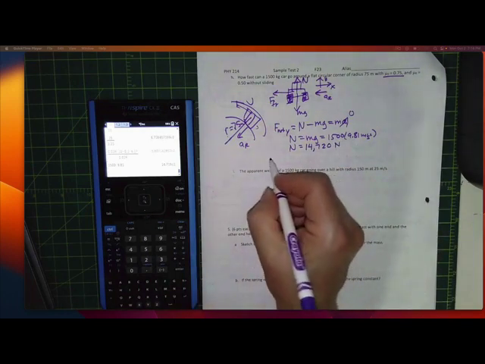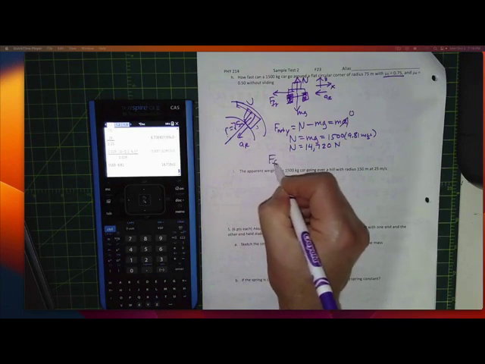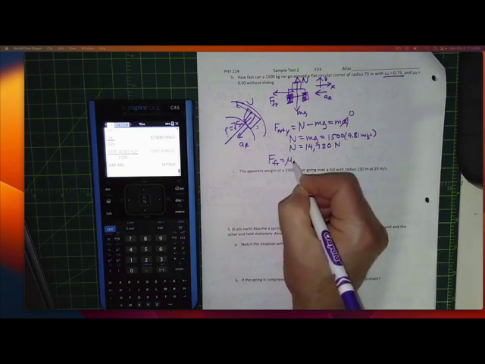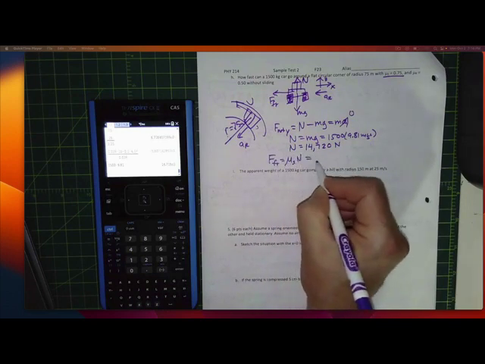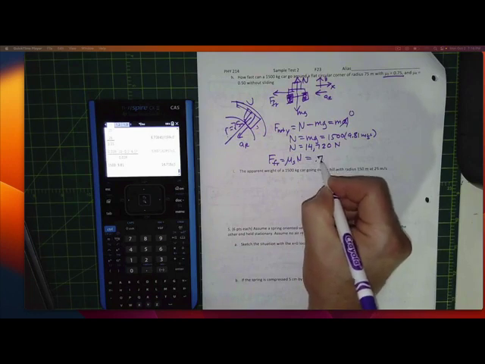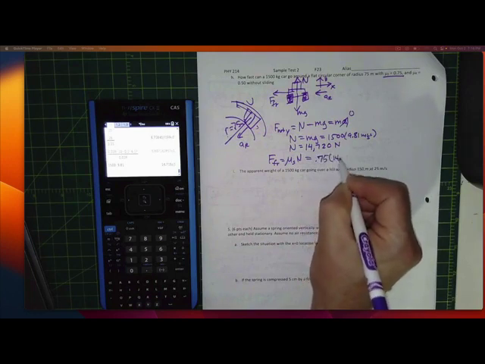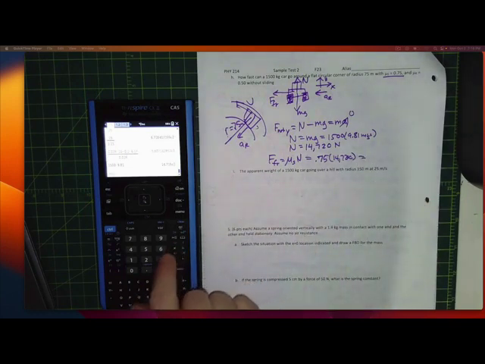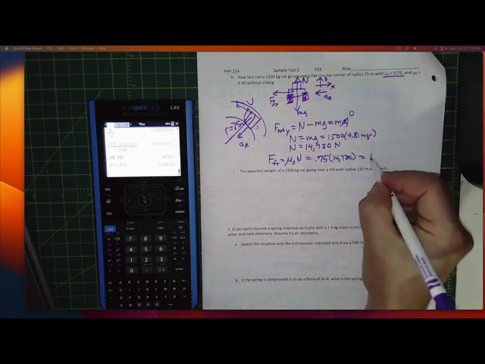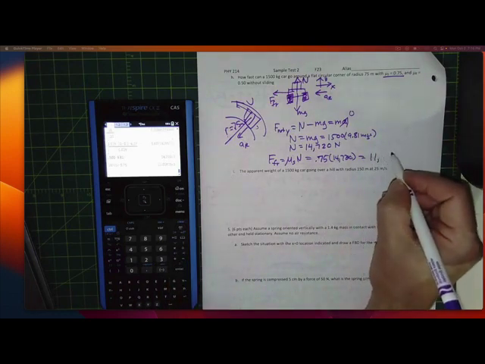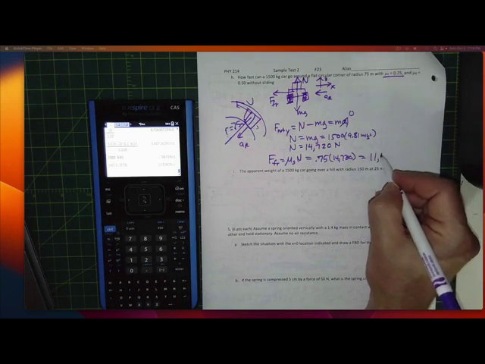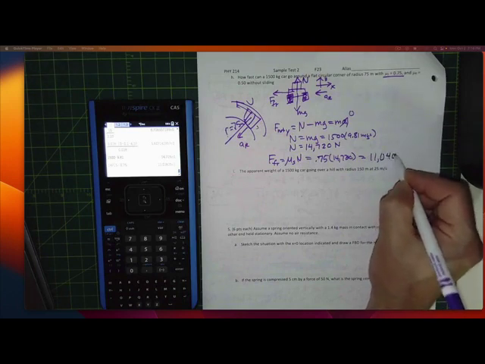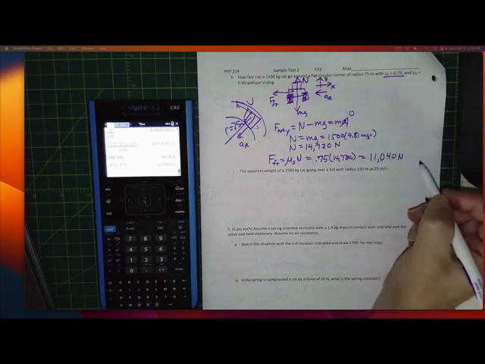All right, so that means the force of friction, we can use the standard formula, mu sub s times normal force, and so that's going to be 0.75 times the 14,720. I get 11,036. We'll say 11,040 newtons for the force of friction.